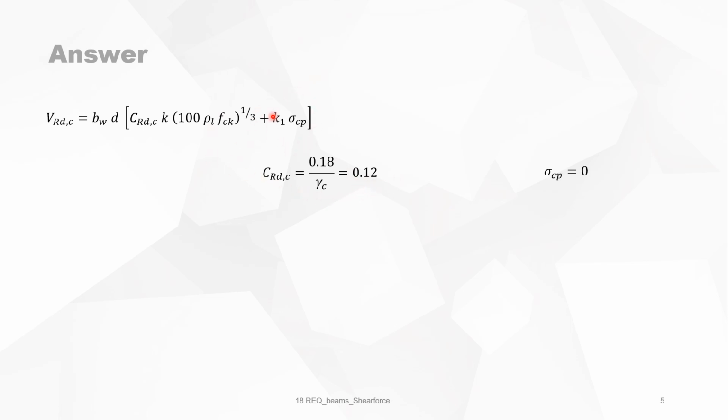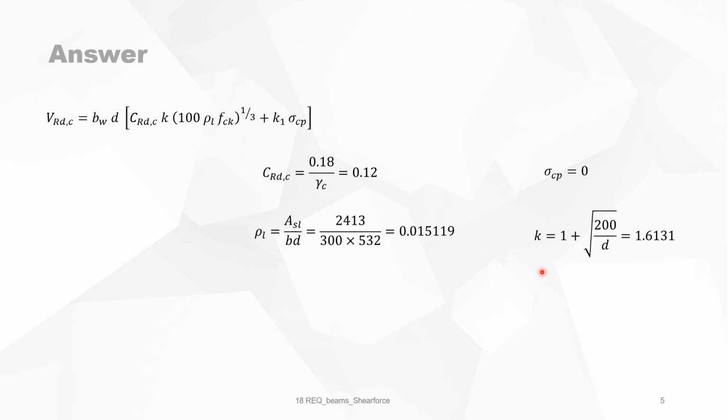Sigma CP is the external normal force on the section, which is in our case 0. Rho L is the longitudinal reinforcement that is sufficiently anchored in the zone where we are calculating the resistance to the shear force. It's 2,413 square millimeters divided by 300 divided by 532.